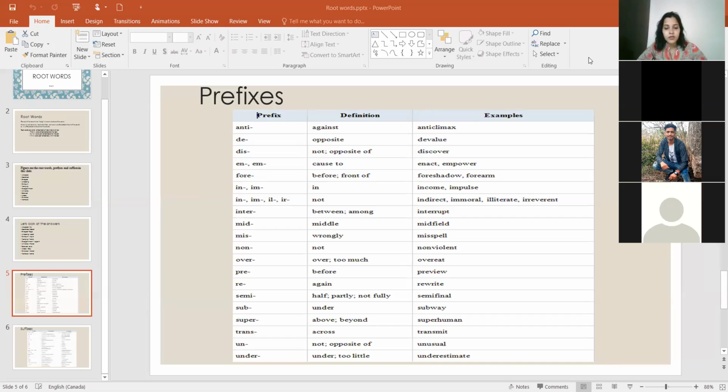Forefather, yes. Foreman, foreshadow, foresight. Fortune is again a word in itself. It has no root word in it, right? Forecasting, foretell, yes.